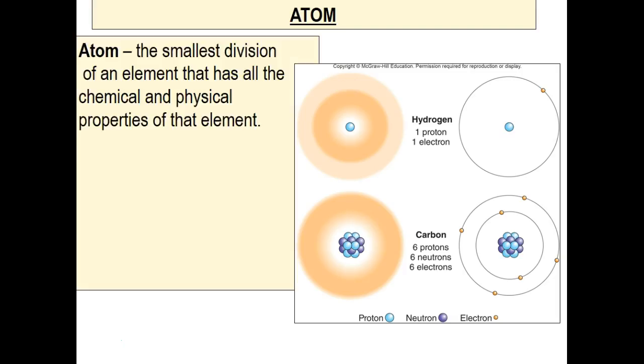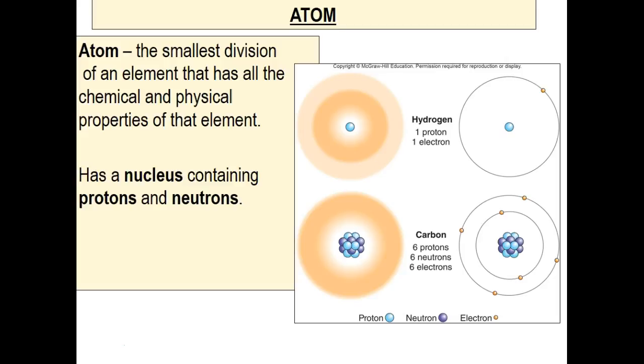An atom is the smallest division of an element that has all the chemical and physical properties of that element. So you should realize that an atom has a nucleus, and the nucleus contains protons and neutrons. Hydrogen, which is shown in this picture, only has a proton in its nucleus.